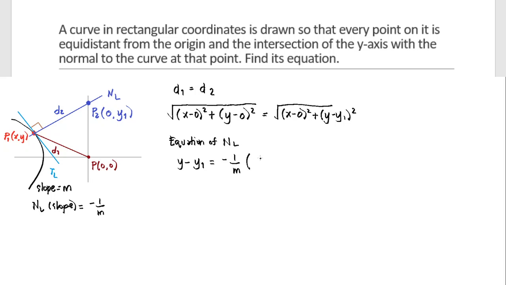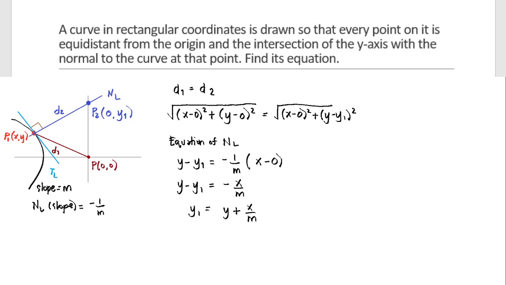Point slope form, guys. I'm using this point and this slope to form the equation of the normal line. Simplifying, this would become y minus y1 equals negative x over m, or y1 equals y plus x over m.